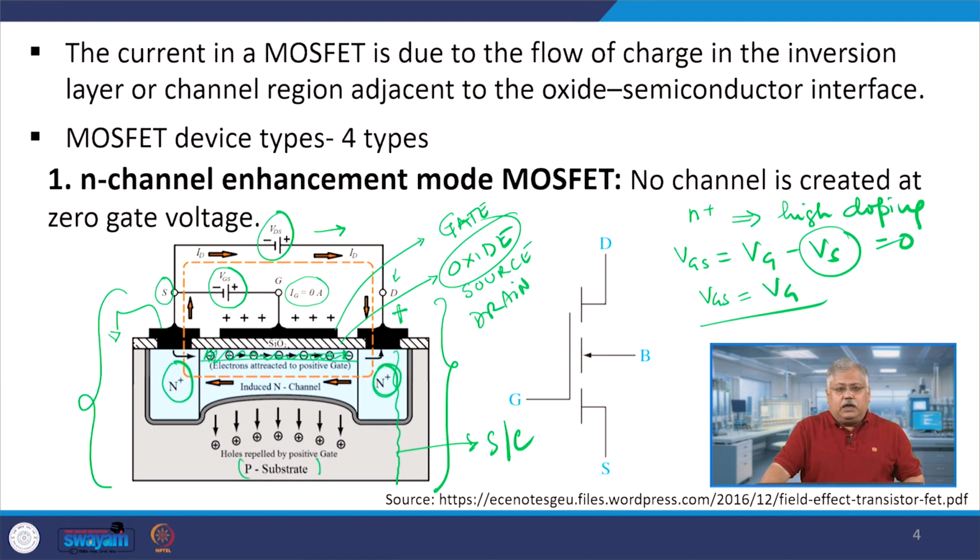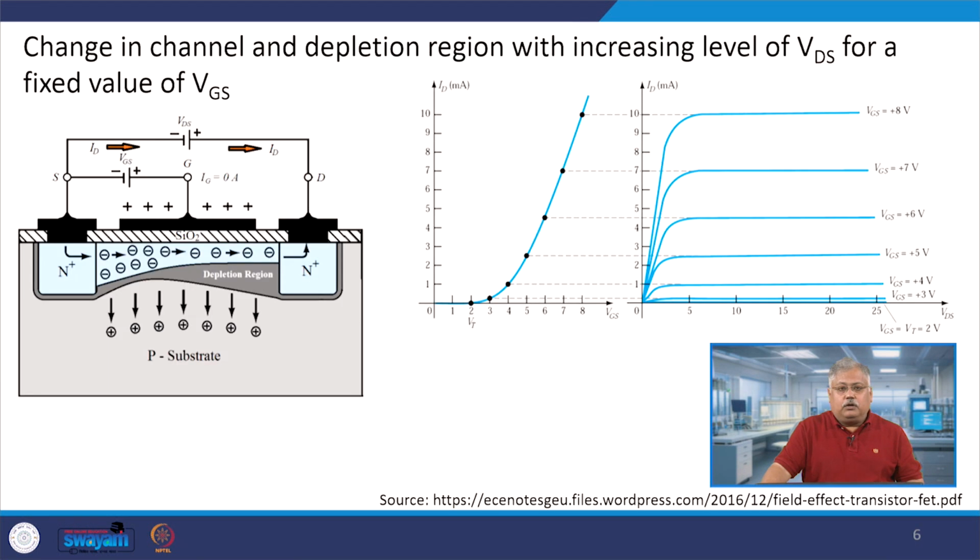Let me come to the depletion mode MOSFET later, but before that, let me go one by one. Let us take an enhancement mode MOSFET and go on varying the value of VGS and see what happens. As you apply a drain voltage, the depletion region on the drain side goes on increasing, because it is nothing but a reverse biased PN junction diode.